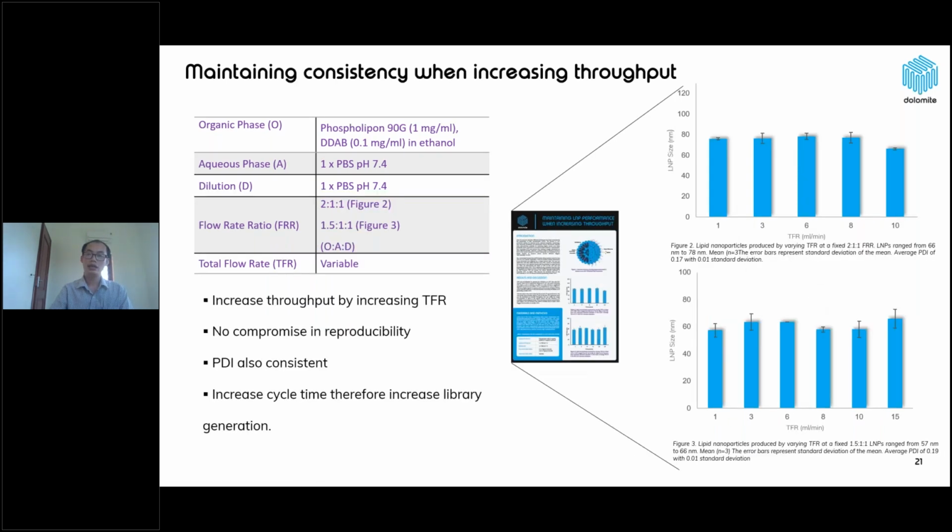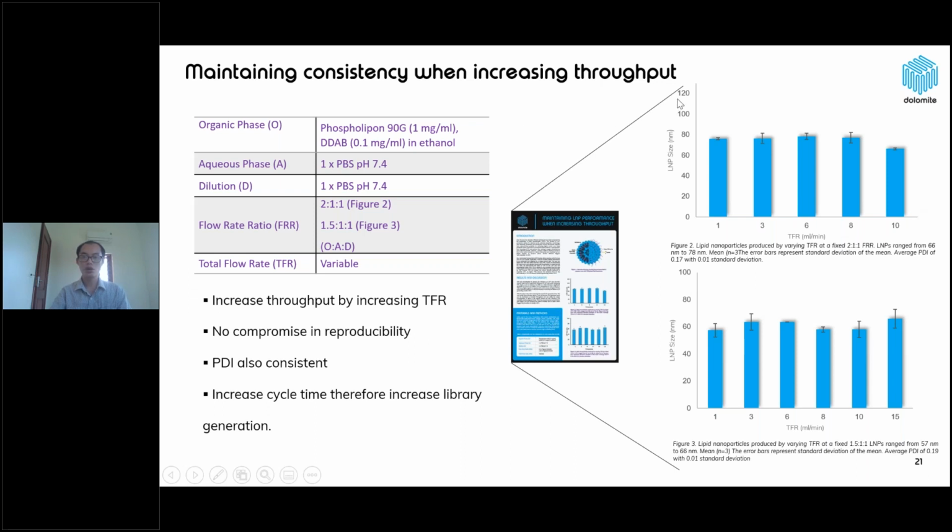And this slide shows the results demonstrating the maintenance of consistency when increasing the throughput using the automated nanoparticle system. In this one, the conditions are the same, with the flow rate ratio at 2:1:1 in figure 2 and 1.5:1:1 in figure 3, and the total flow rate changed from 1 to 10 or 1 to 15.